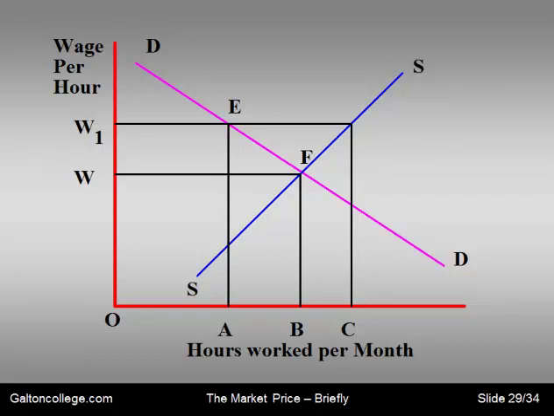The market solution is W, but the government wants workers to be paid W1. The government wants workers to get minimum wage. And let's say the minimum wage here is W1. Now if that's the case, then the supply of workers at W1 will be C. The demand for workers at W1 will be A. So there's an oversupply, which means unemployment.